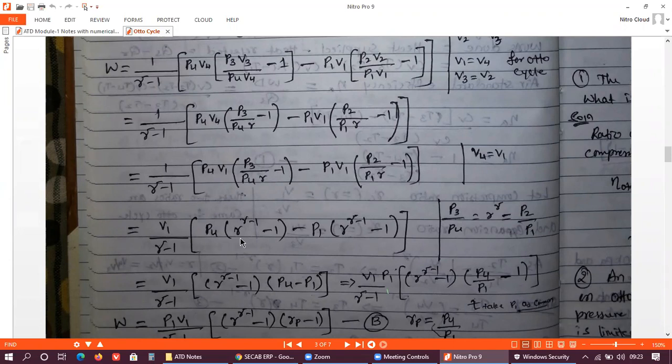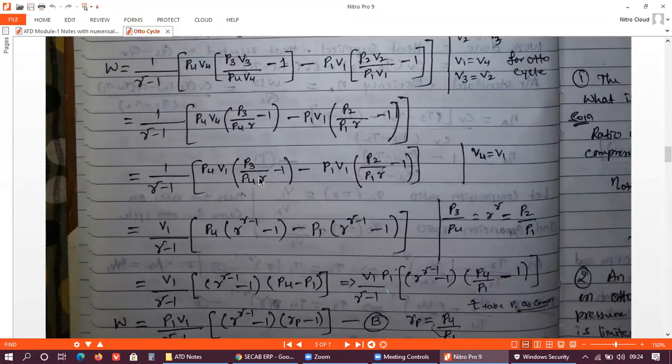So now this ratio, R raised to gamma minus 1. Please concentrate here. You can see that P3 by P4 is R raised to gamma, multiplied by 1 by R, so it will become R raised to gamma minus 1.